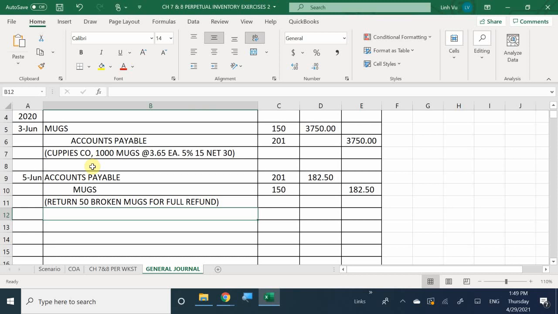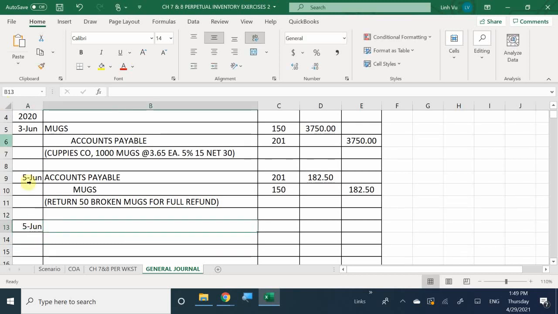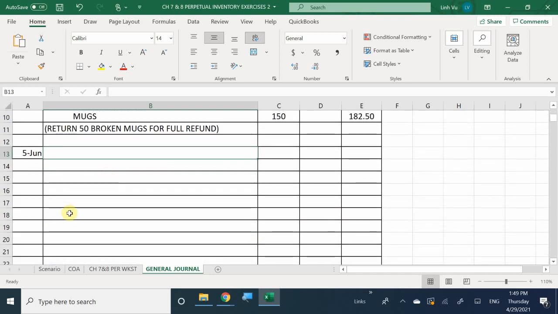So let's go ahead and focus on the very first one first, because we need to be able to sell the items in order for us to be able to update our inventory. So this was June 5th. How are we going to journalize the first section, which is recording the sales? Cash.